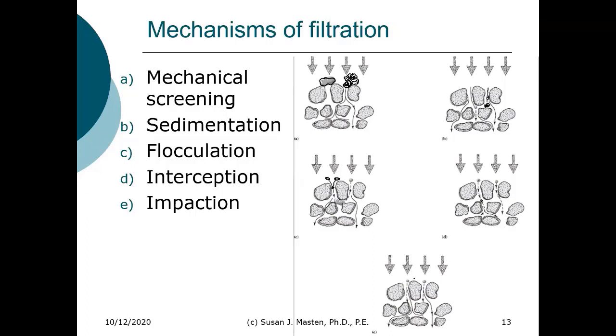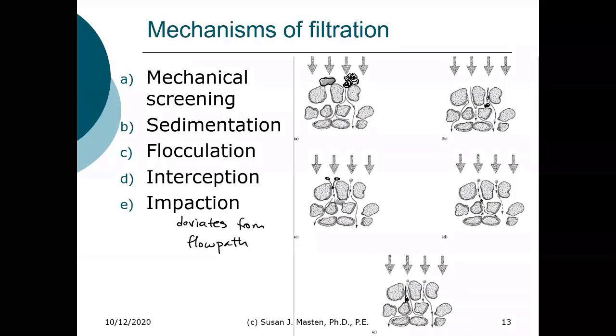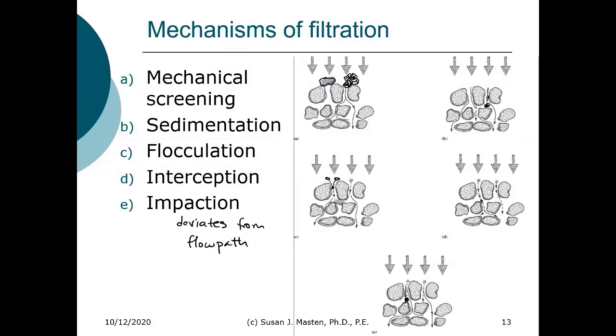Impaction: my particle deviates from the flow path. So here, the particle is deviating from the flow path. Interception, it's flowing with the flow path. That's really the big difference between those two. In all cases, you need a collision to occur, and you need attachment.